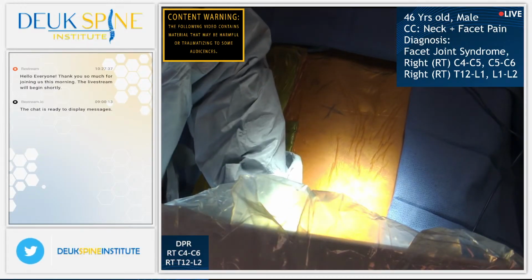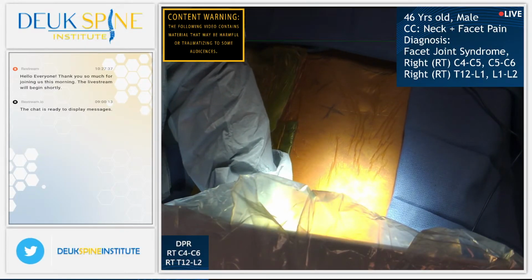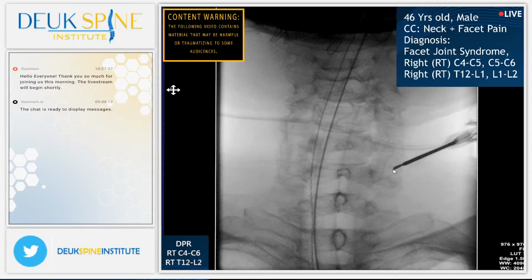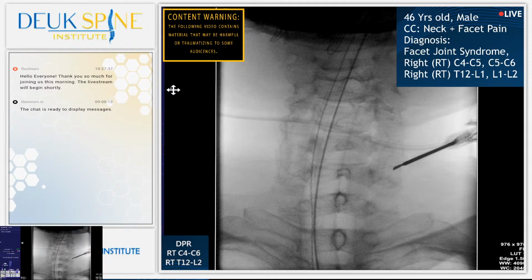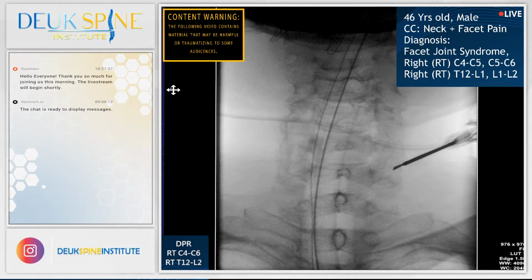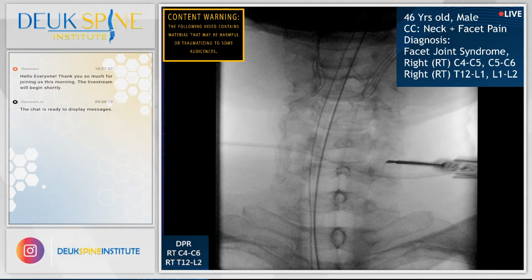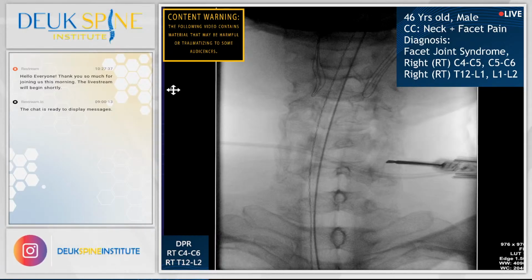All right, you can see the tip of the probe is right over the target. The target is the edge of the facet. That's where the pain nerve, also known as the medial branch of the dorsal ramus, travels around the facet joint, around the lateral mass, and innervates the facet joint.